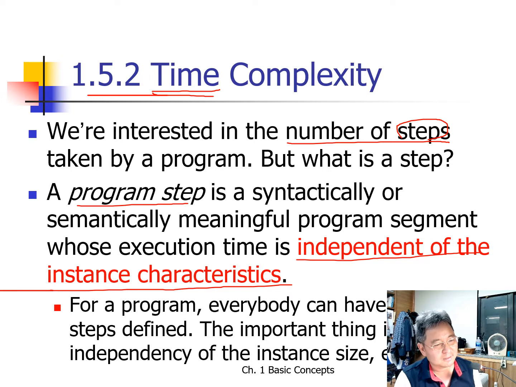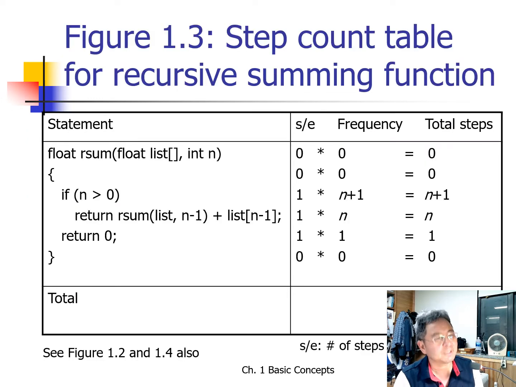Here is an example of step counting to analyze time complexities. The left part is the program. I want to analyze the time complexity of this program, or it is called an algorithm.